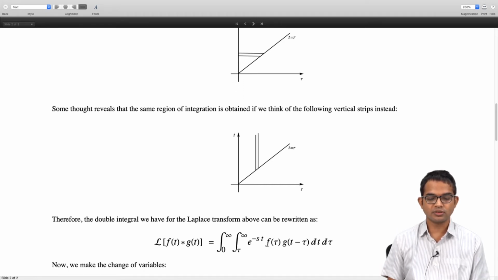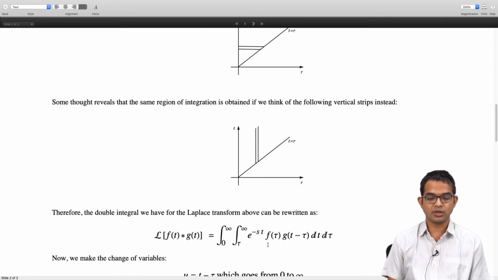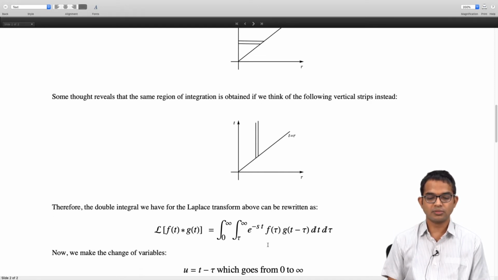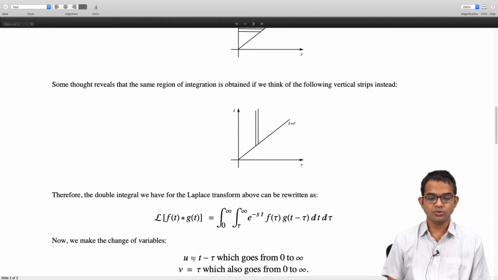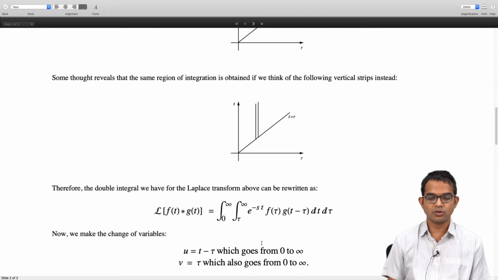So why do I bother doing all this? You'll see in a moment. Now it helps me with this change of variables. I make u equal to t minus tau, which will go from 0 to infinity, and v equal to tau, which also goes from 0 to infinity, right? So you see that t minus tau covers this entire region above.